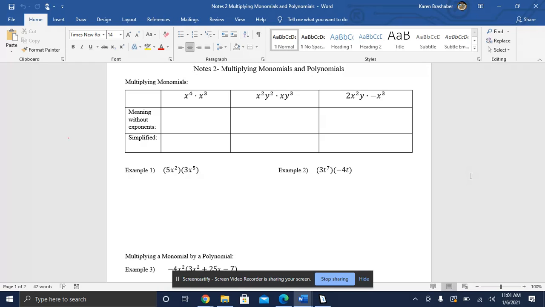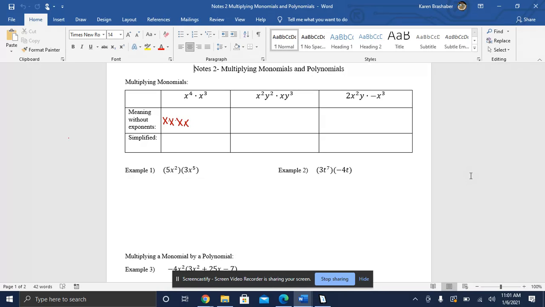So the meaning of the expression x to the 4th times x to the 3rd is, first of all, thinking about x to the 4th as your base x being multiplied by itself 4 times. That's what x to the 4th means.